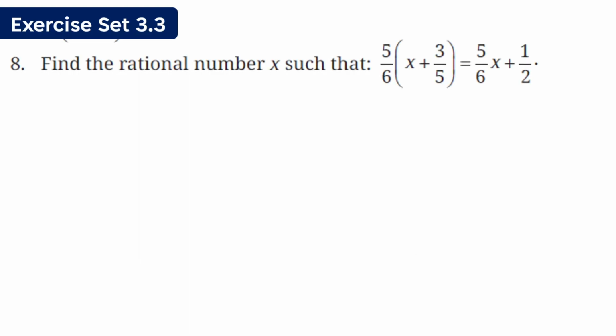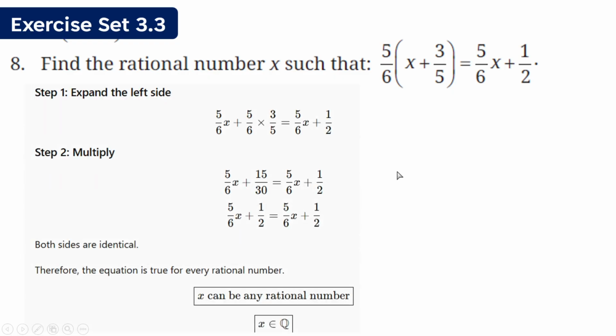The next question, find the rational number x such that 5/6 of x plus 3/5 equals 5/6 x plus 1/2. So we have to prove and also show what is the value of x. So expand the left hand side as we did in the previous one, apply the distributive property. 5/6 times x is 5/6 x. 5/6 times 3/5.